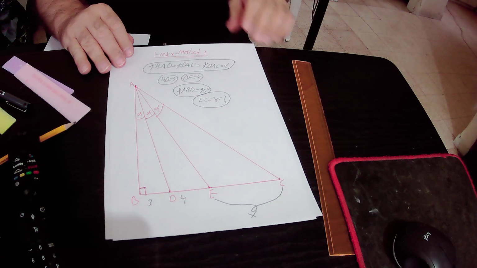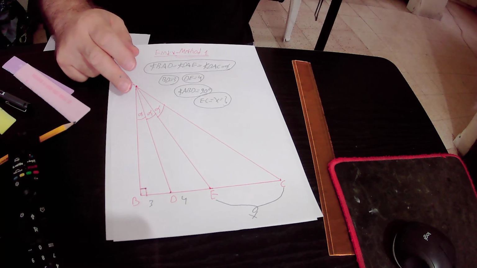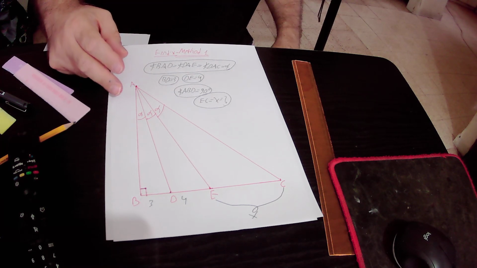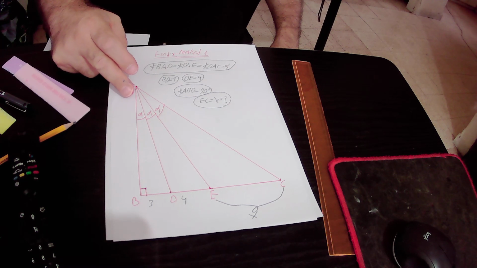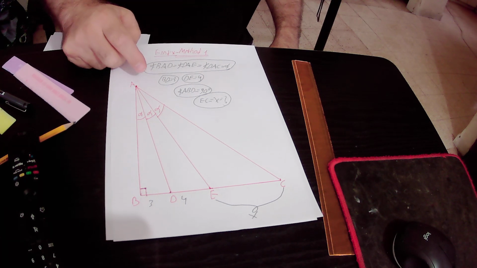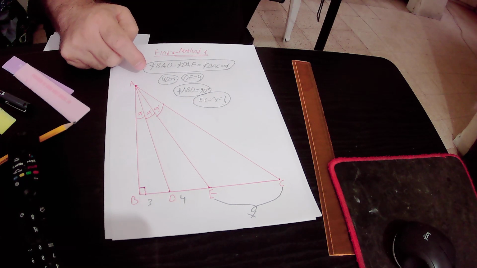In the drawing we have right triangle ABC and we know that angle BAD equals alpha, angle DAE also equals alpha, and angle EAC equals alpha.